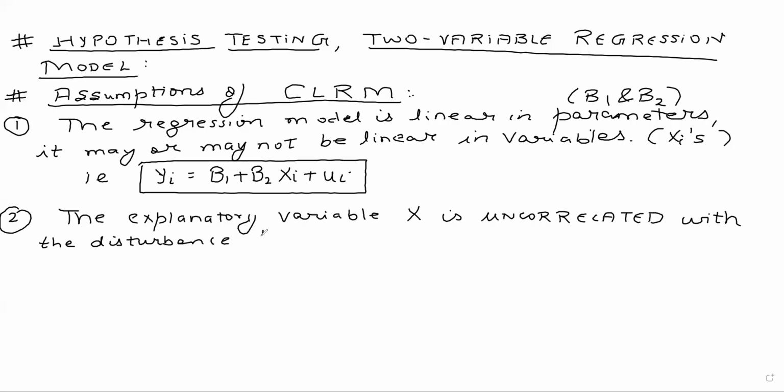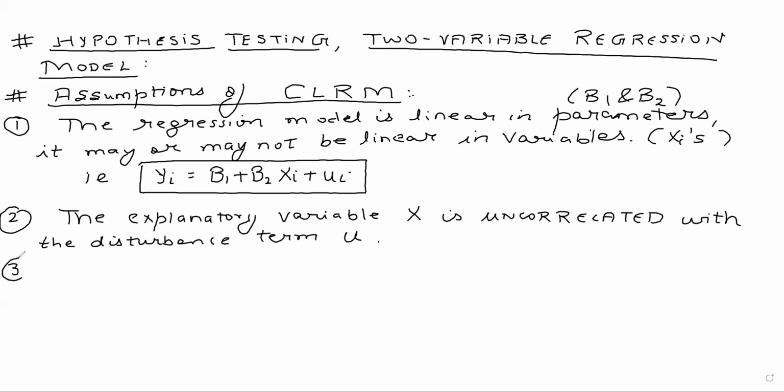So our explanatory variable, which is also the non-stochastic variable x, has no correlation with the population disturbance term u. This is our second assumption.